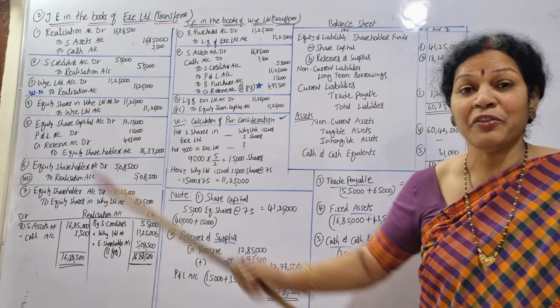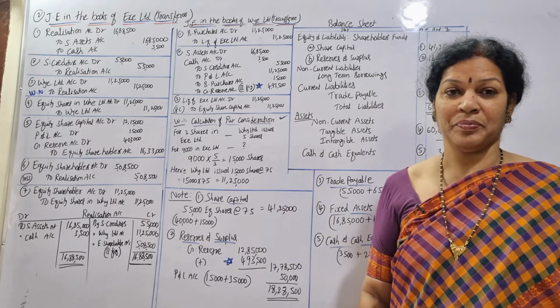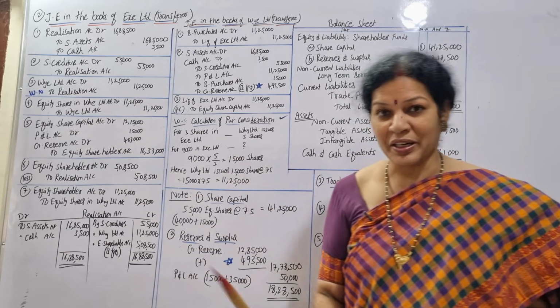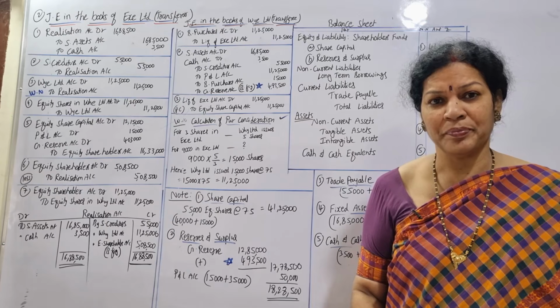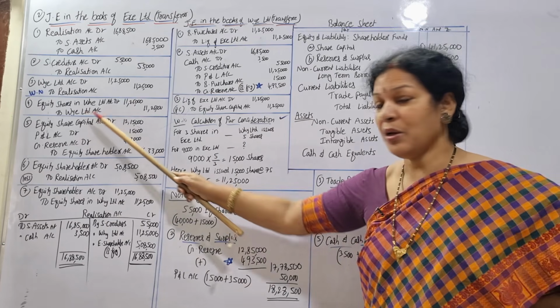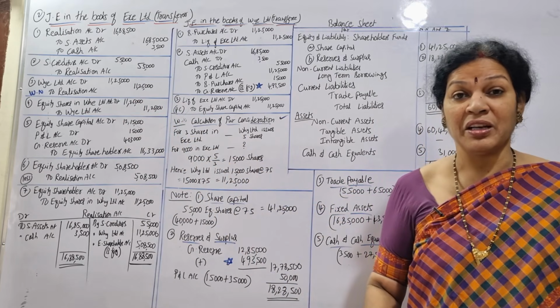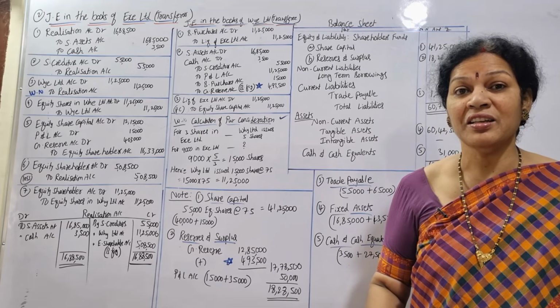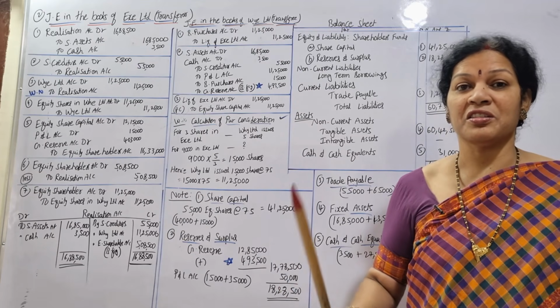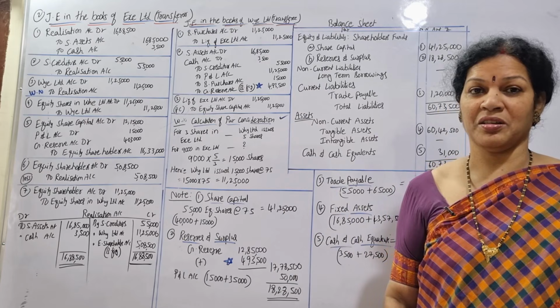From where we are getting? From Y Limited. We are saying equity shares we are getting. Debit what comes in, credit the giver. Giver is here Y Limited. So this is being the purchase consideration received. This is the narration. Okay.